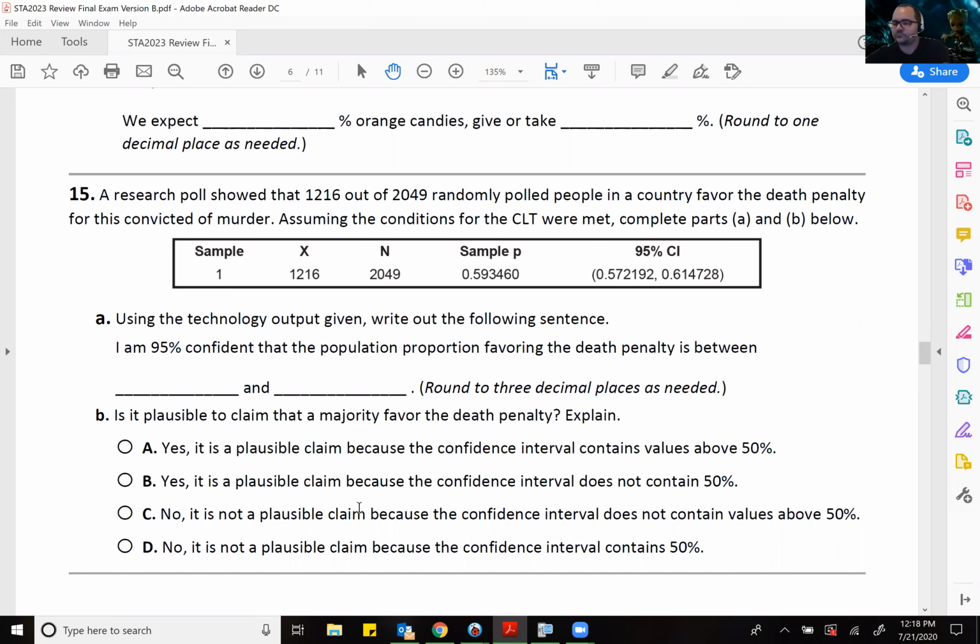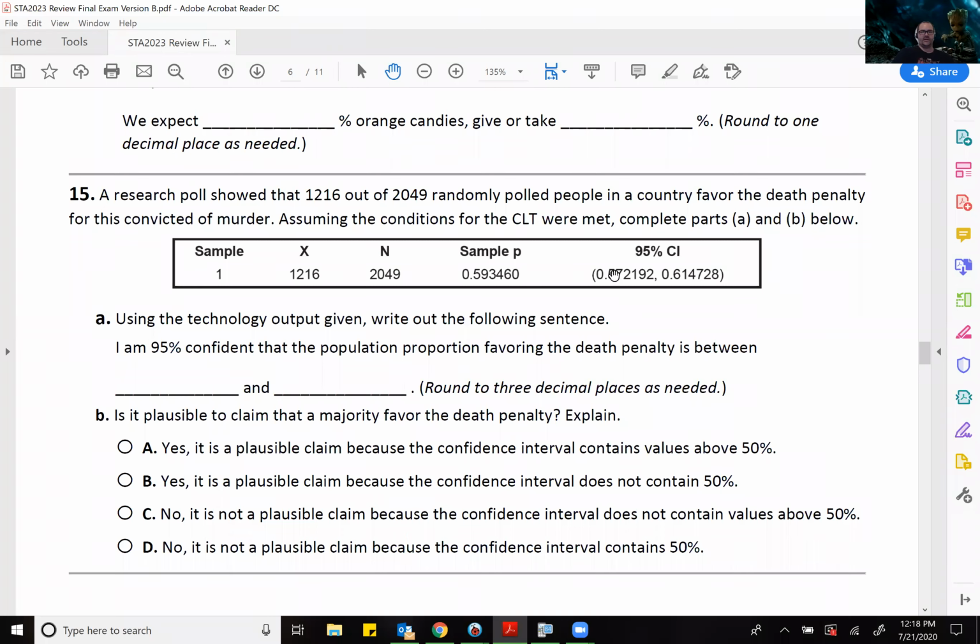Okay? So part B says, is it plausible to claim that a majority favor the death penalty? Explain. Okay? So remember, a majority means that you are above 50%.